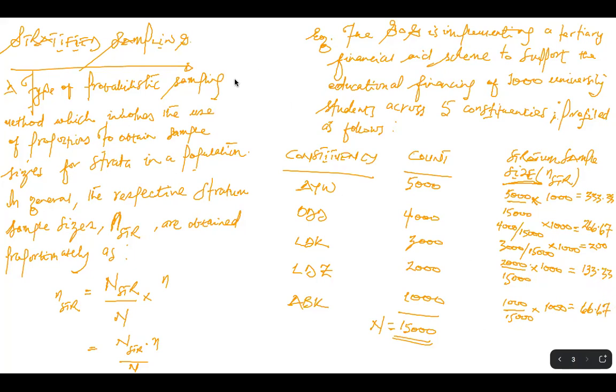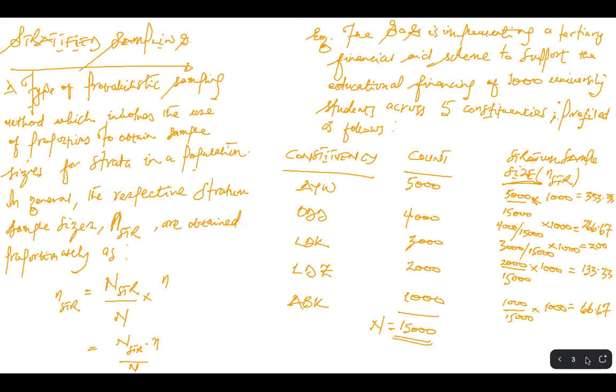Good. So there you have it. So meaning that you will tell the various MPs to bring these number of particular people. Okay, so Ayawaso, bring me 333 names. Okay, vetted names. ODD, bring me 267 names, and so on and so forth.